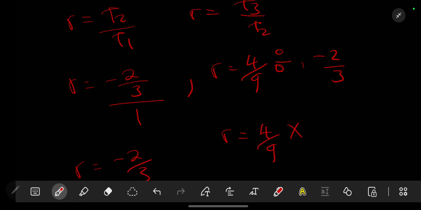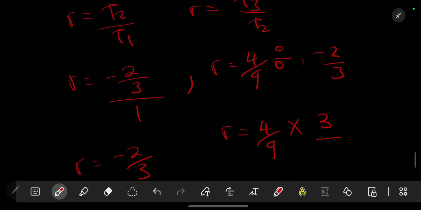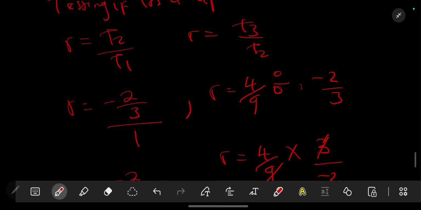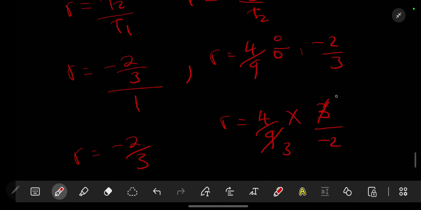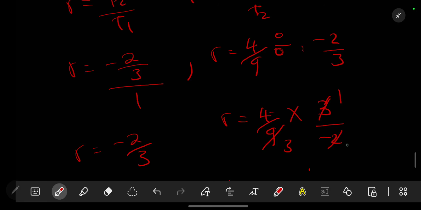So we have R equal to 4 over 9. Division will turn into multiplication, so the 3 will go up over negative 2. We have 3 there and 1 here. So R is equal to 4 times 1, and in fact the negative 2 can enter into 4, negative 2 times.